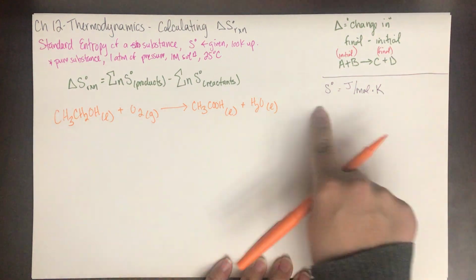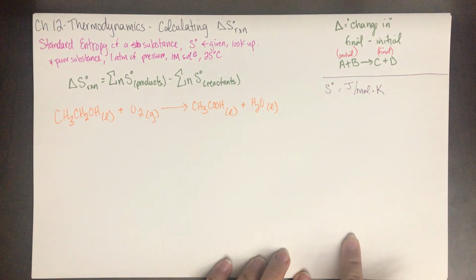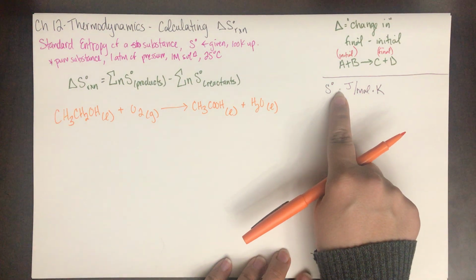It would be given to you in a textbook, or it would say look it up in a table. So I'm just going to write out everything in this reaction over here and list what the standard entropies are.